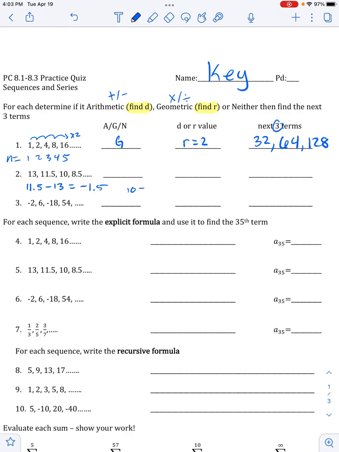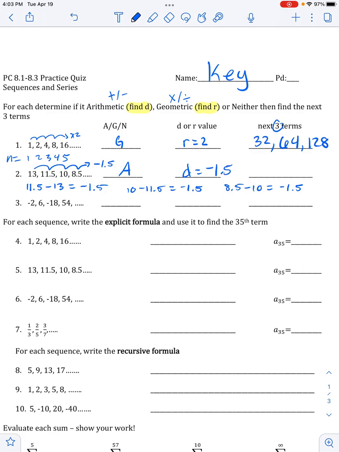So if I take the 10 and subtract 11.5, that is also negative 1.5. If I take the 8.5 and subtract the number in front of that, it is also negative 1.5. So I have a common difference, and apparently as I go, I'm subtracting 1.5, making this arithmetic. It means I have a common difference, and it's negative because the numbers are going smaller, 1.5.